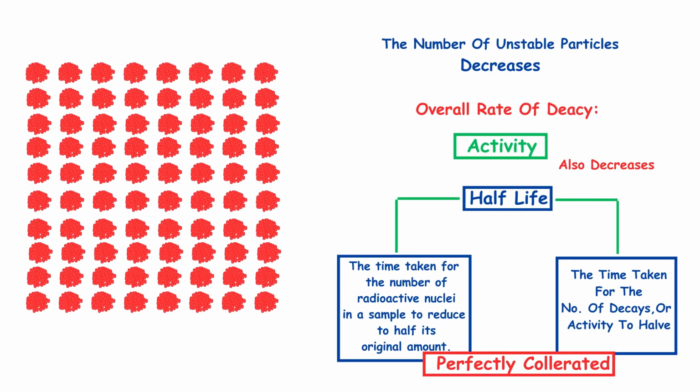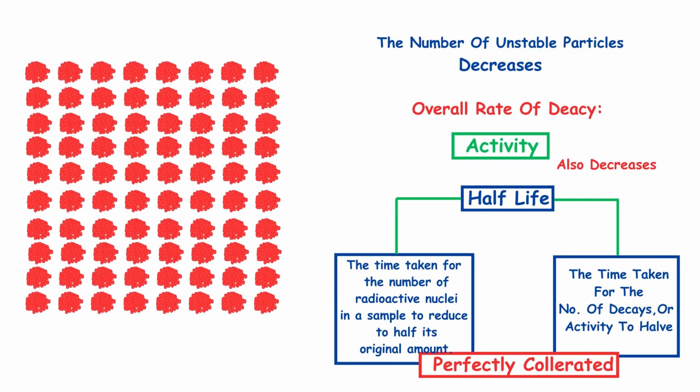However, as more and more isotopes undergo decay with time, the total number of unstable isotopes that are left gradually decreases. As this number goes down, it naturally causes the activity of the sample, that is, the overall rate of decay, to also reduce. This is exactly why the decay of a sample appears to slow down over time, even though the decay process itself remains random and unchanged.